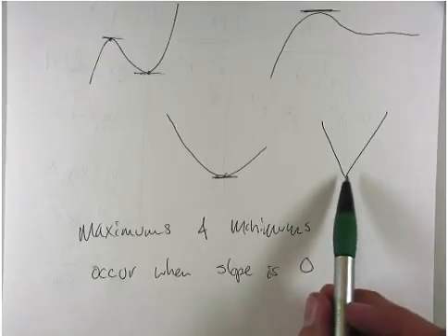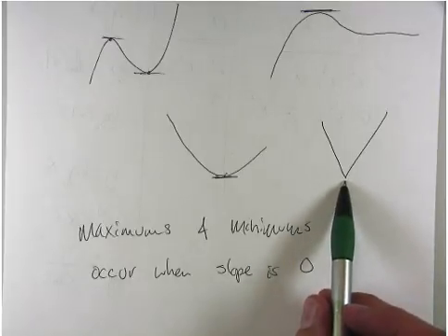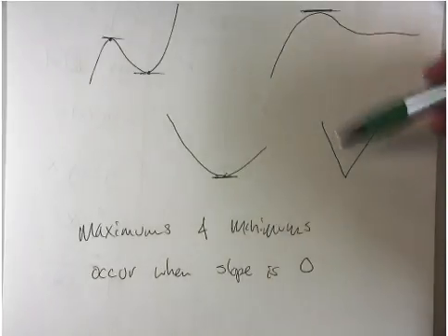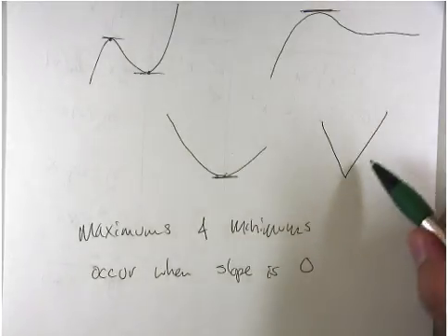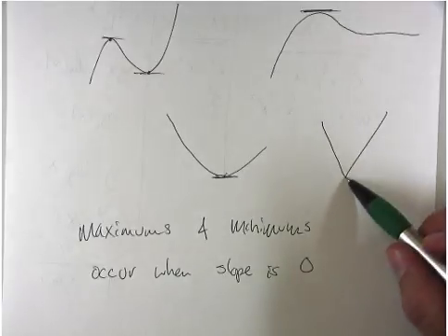What's the slope here? It does not exist. Right. What's happening here is that the slope from the left is one thing. The slope looks like -1. And the slope from the right is another thing. It looks like 1.